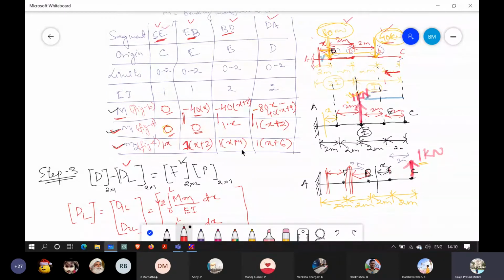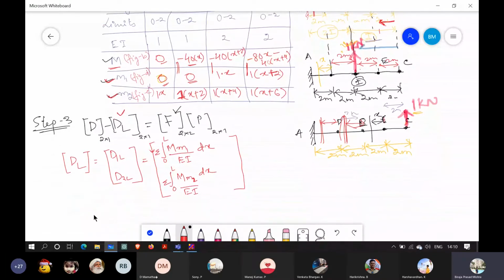So I will directly write D1L equals integration 0 to L, where the limit is 0 to 2, of minus 40 into x plus 2 into x into x divided by EI, which is 2EI here. Okay, so here it was EI, but in case of this one it is 2EI.